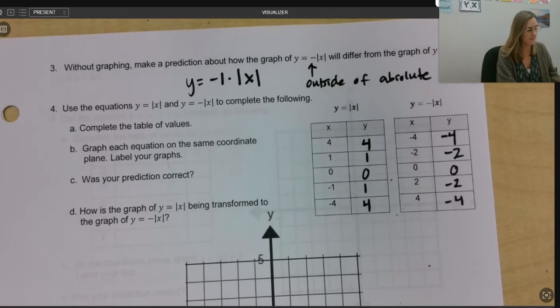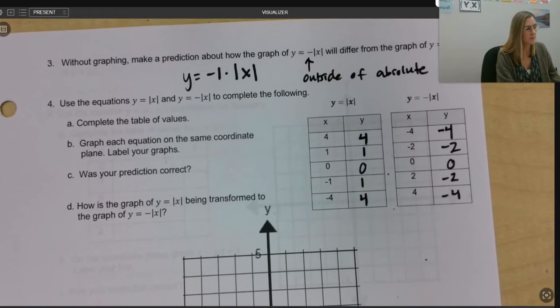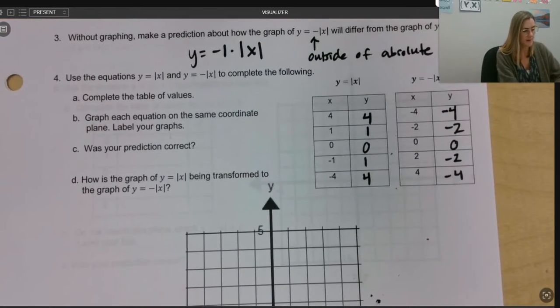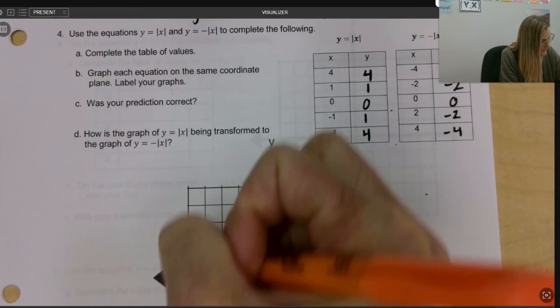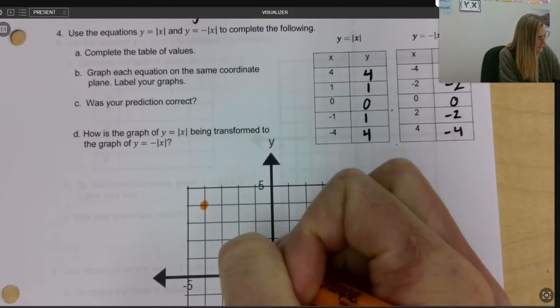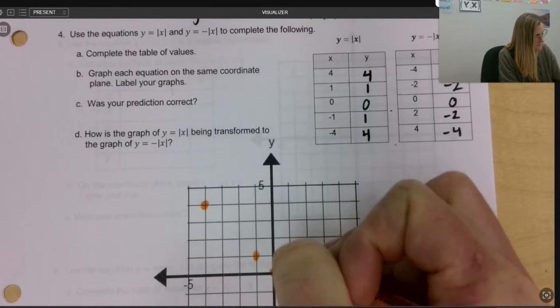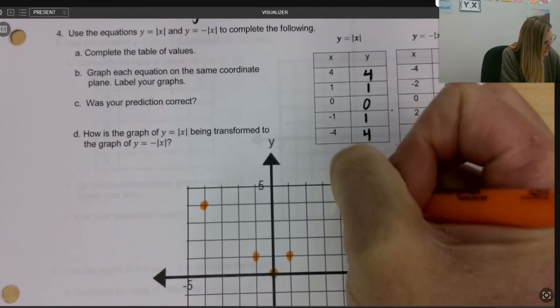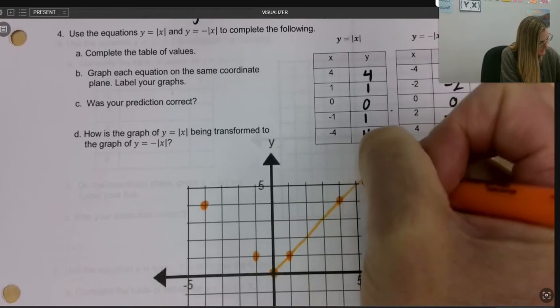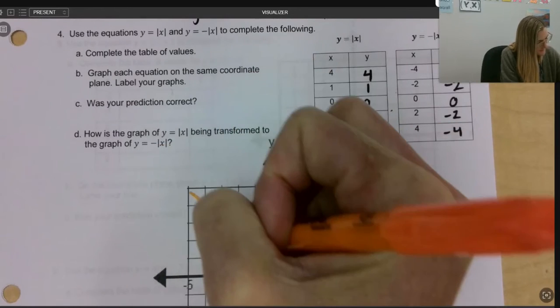So let's go ahead and graph this. Y equals the absolute value of x. We can go ahead and plot the same points that we did before: (-4, 4), (-1, 1), (0, 0), (1, 1), and (4, 4). And our graph is going to look like this.